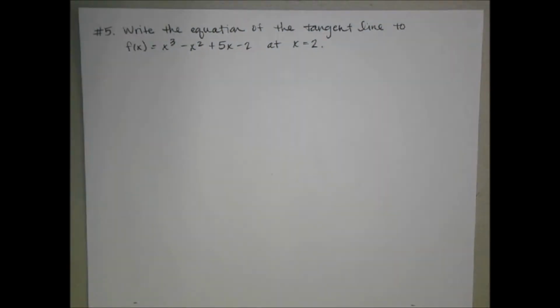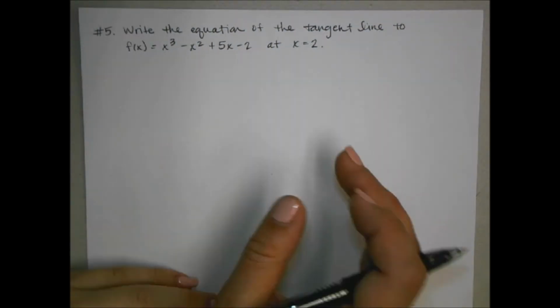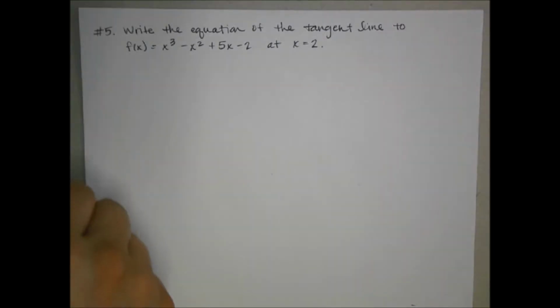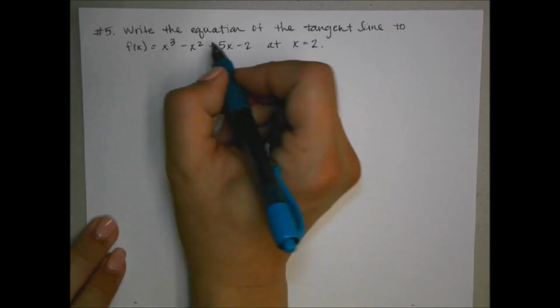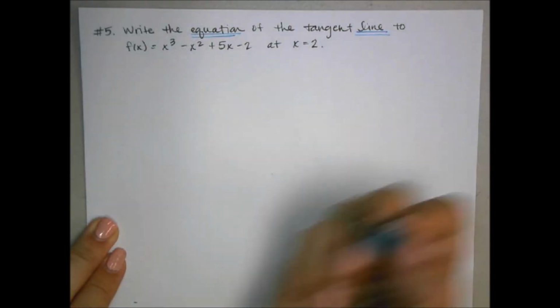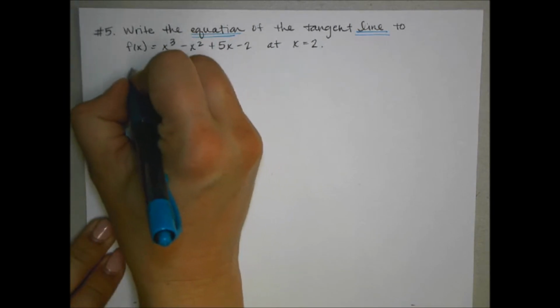Something we were doing in objective 1. Now we get to use our shortcut. Because we want to write the equation of the tangent line, remember that in writing the equation of any line, there's only two things that we need: a point and a slope.